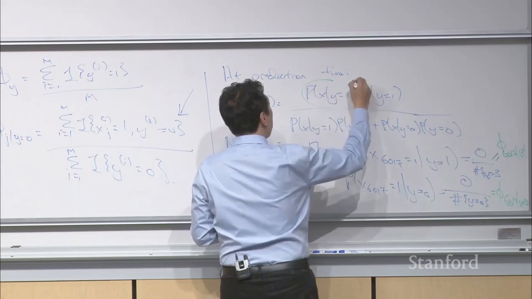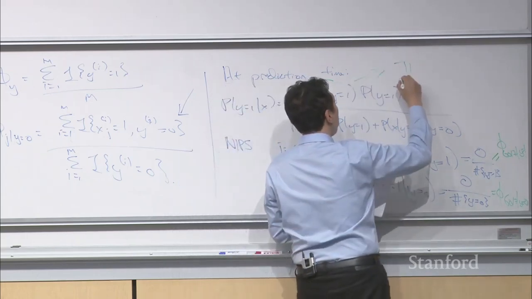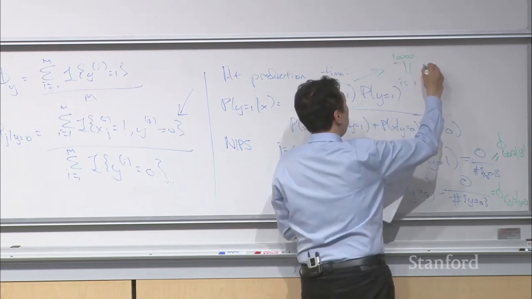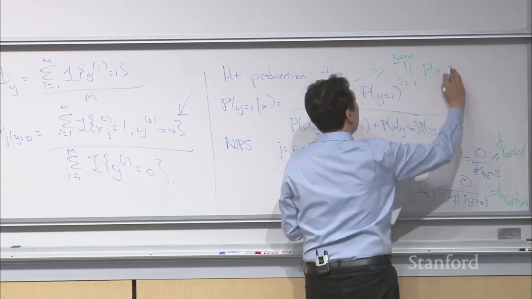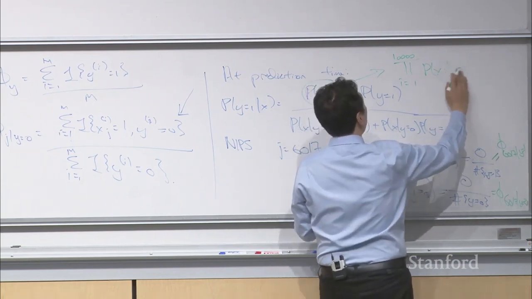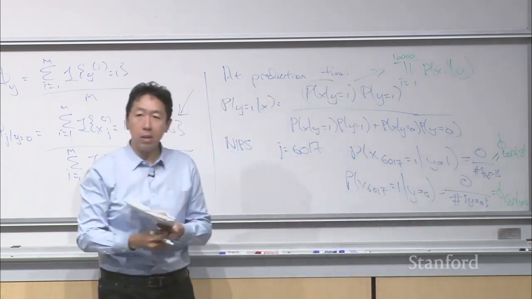And if you ever calculate this probability, that is equal to a product from i equals 1 through n. Let's say you have 10,000 words. P of xi given y, right?